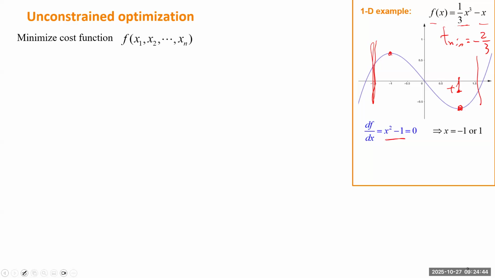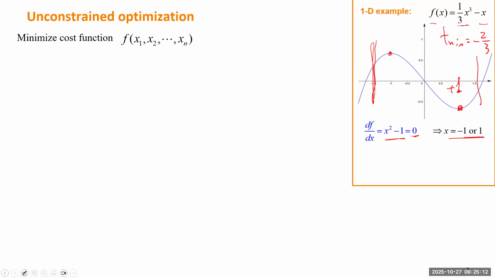If you set this first order derivative to 0, that gives us 2 points, s equals -1 or 1, which means at those 2 points, the function is flat. That's what the first order derivative equal to 0 means. So locally at those 2 points, the function value doesn't increase or decrease, it just stays there.